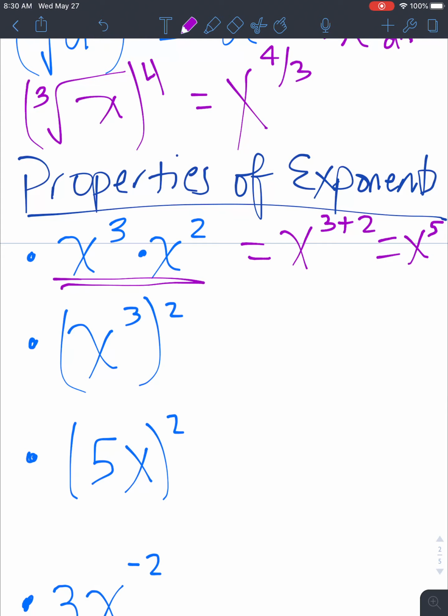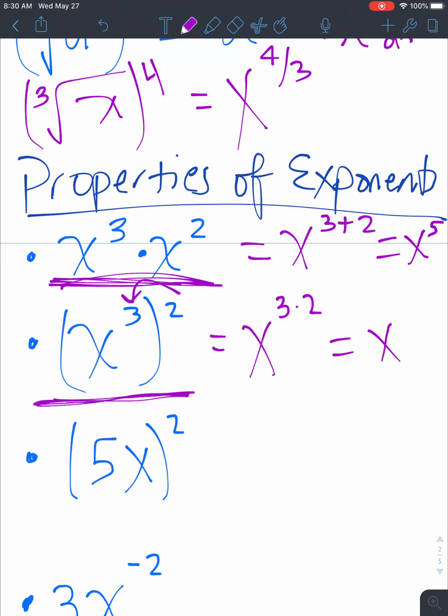This first one is called product of powers because there's a product and there's powers. This next one is called power of a power because there's no product and it's just the power of a power. Power of a power says instead of adding your exponents, you're going to multiply them. So that gives us x to the 3 times 2, or x to the 6.